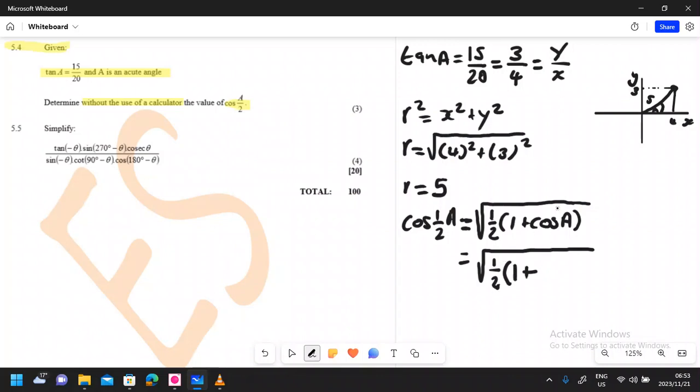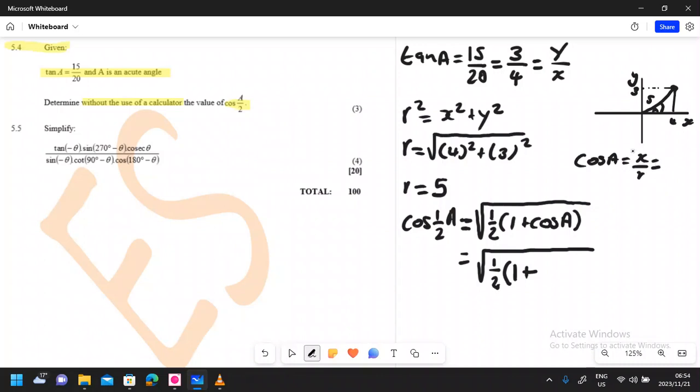Now what is cos a? Let me just write it here. Cos a, remember, it's gonna be x over r.